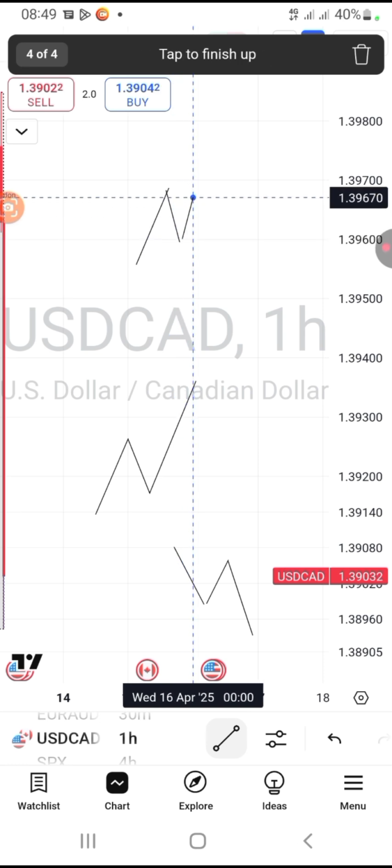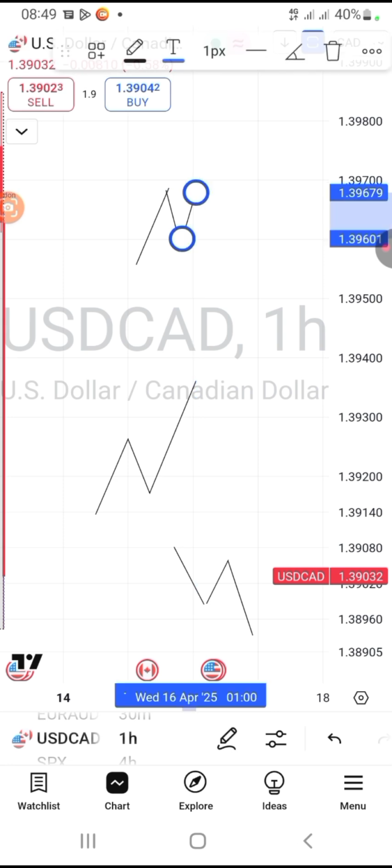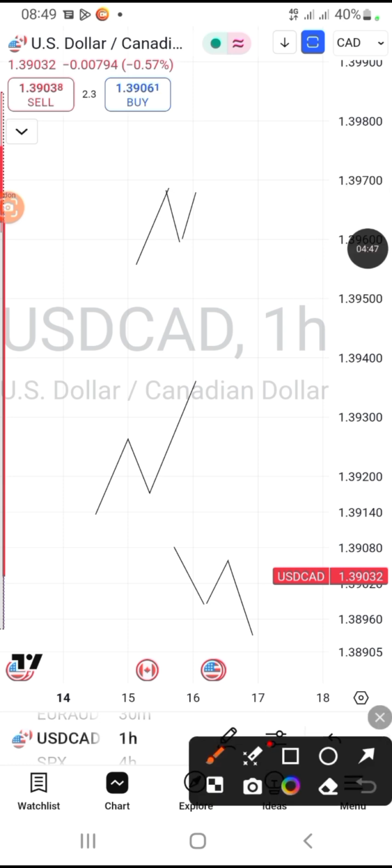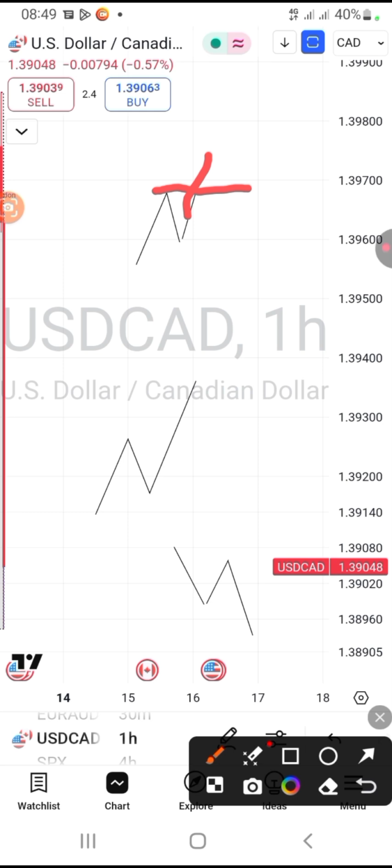This is not an uptrend. Why? Because the market has not broken this structure here. So the market has to break above this structure to be called a break of structure.